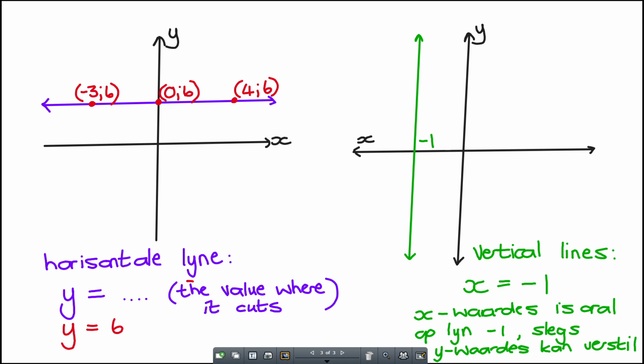Meaning, x value here is minus 1, y value is 0. Over there, x is still minus 1, but y will now be, let's say, positive 2. X is still minus 1, maar nou is y 3. Hier gaan ek hê, x is nog steeds minus 1, maar y is minus 2. So kan jy sien, x bly die hele tyd minus 1, minus 1, minus 1. It's the y values that can change as I move up or down on that line.